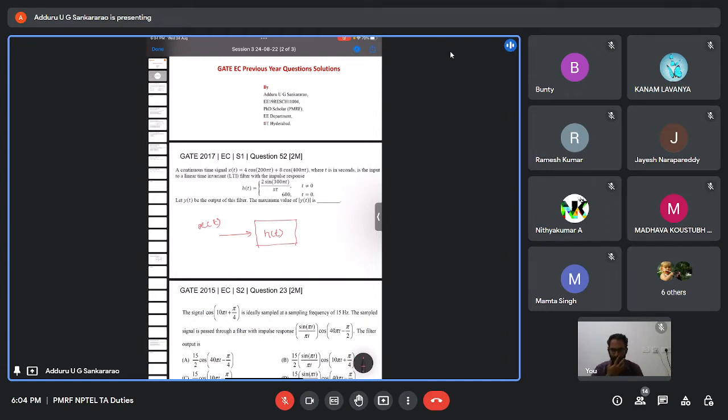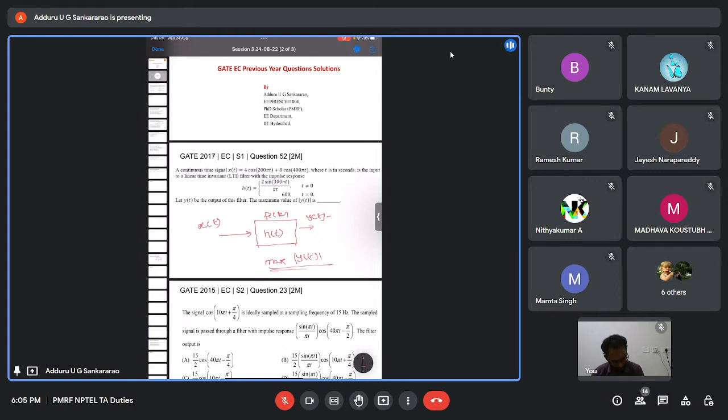Let us say y of t is the output of this filter. Then what is the maximum value of y of t? That means we need to find the maximum magnitude of y of t.